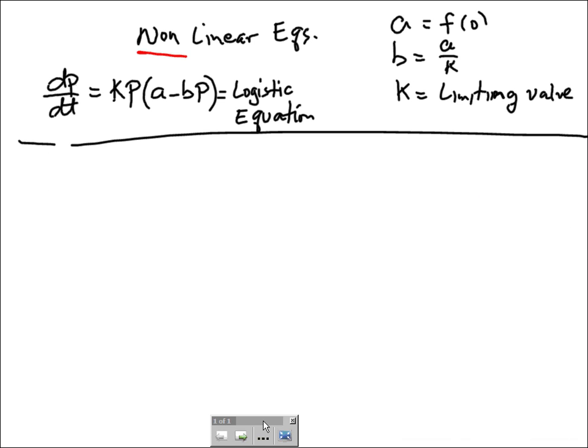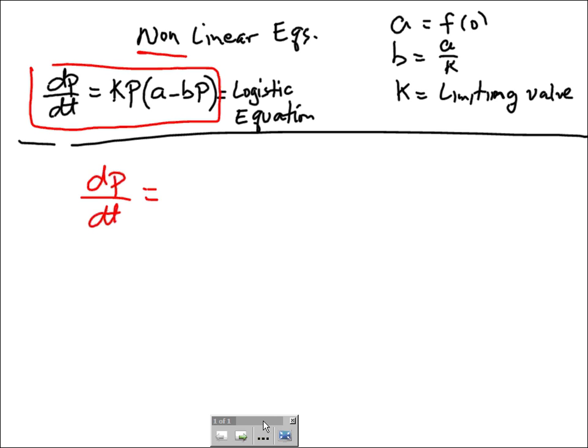Now, we want to solve this differential equation. And I do have one slight error. Initially, I wrote dp/dt was k times p.